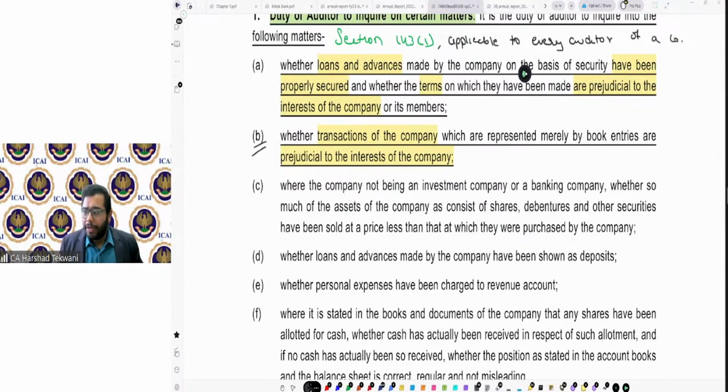How will you audit this particular part? The question is this. Anyone?